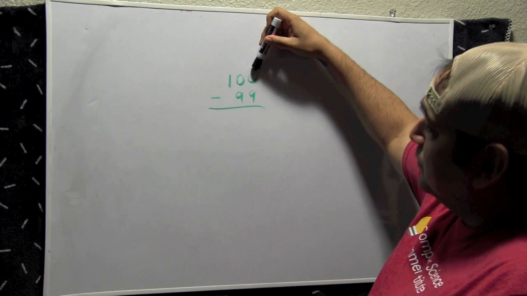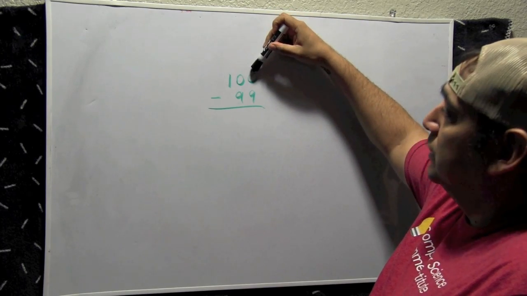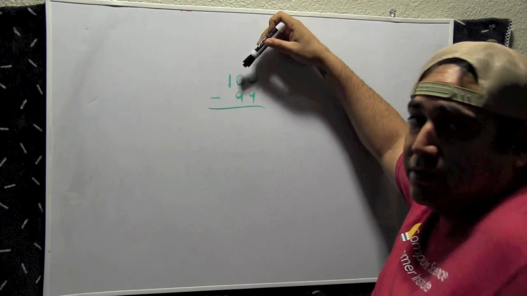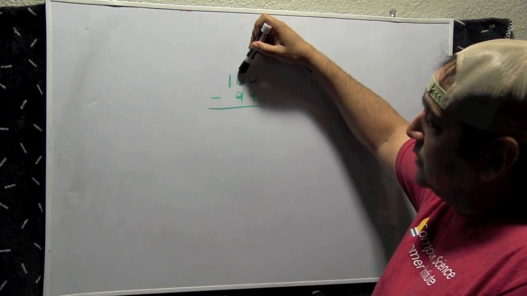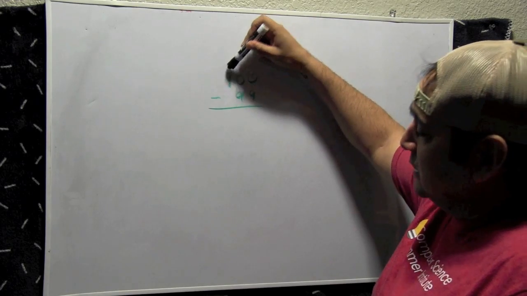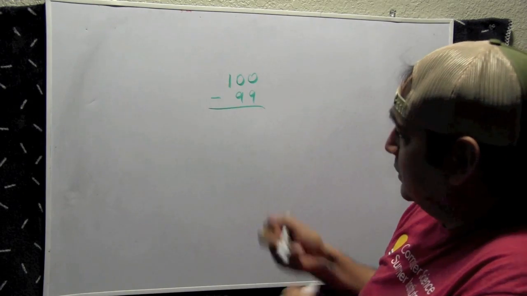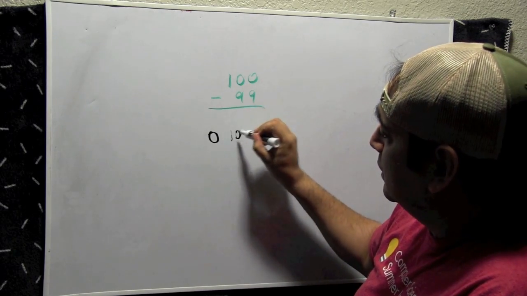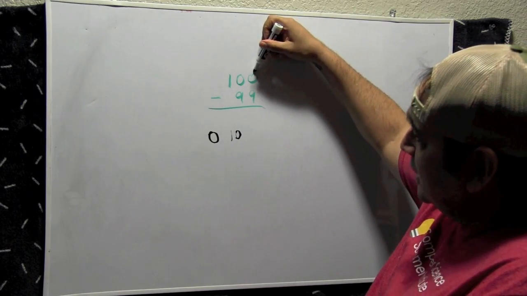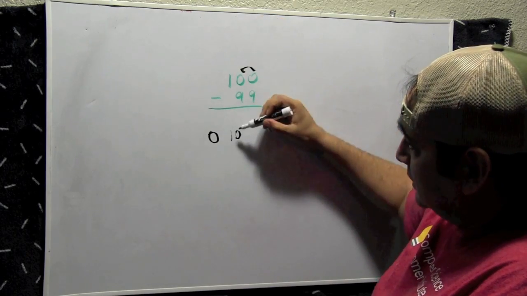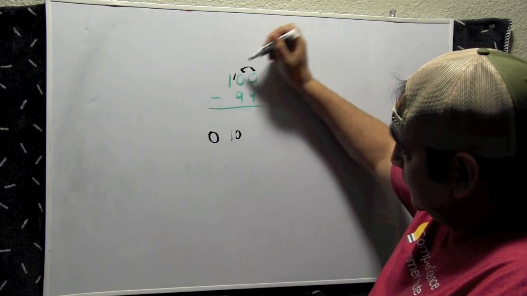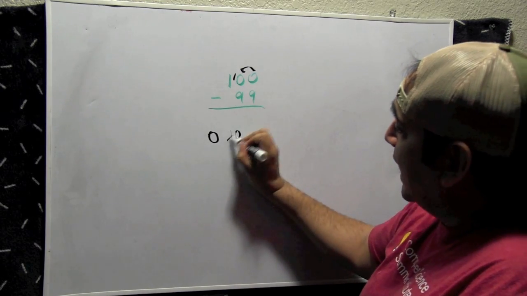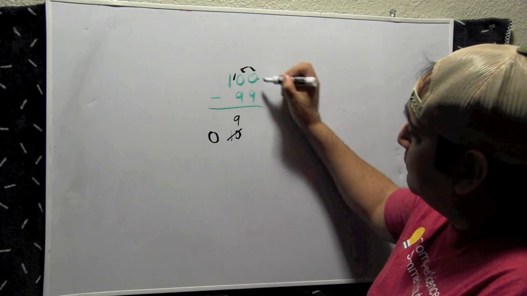This 0 you need to borrow a number from this guy right here. But since it's a 0, you can't borrow. There's nothing to borrow. So this 0 needs to borrow from this 1. So this 1 becomes a 0. This next number becomes a 10. And guess what? Now this can borrow from this because this is a 10 now, right? So now this becomes a 9. And then this becomes a 10.